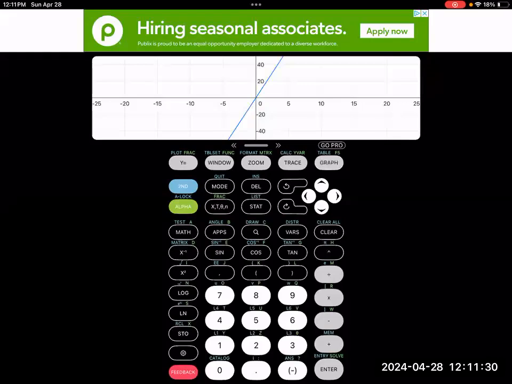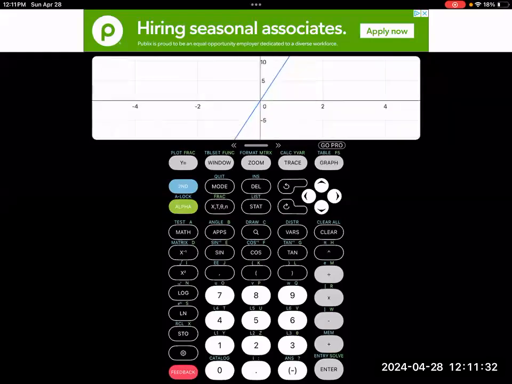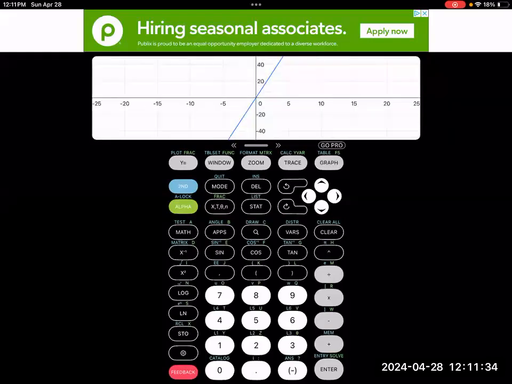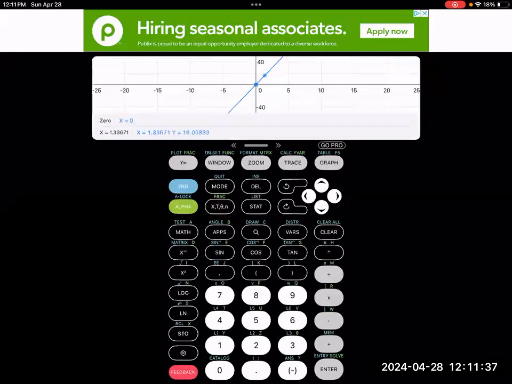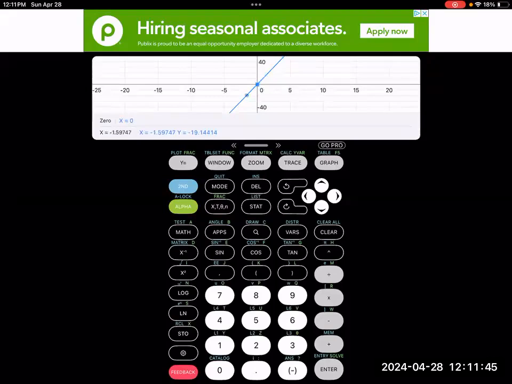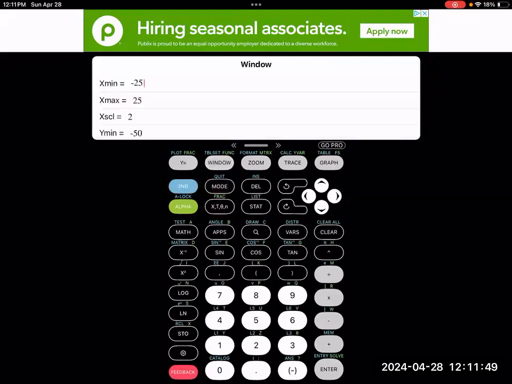Oh, this thing is huge. Oh, come on, graph. Don't be like that. Oh, this app has been more and more frustrating over the years. Oh, that's not even going to do it.